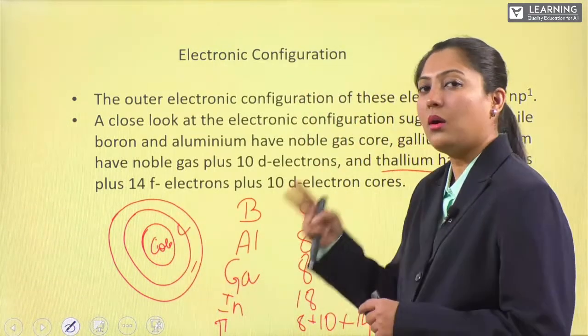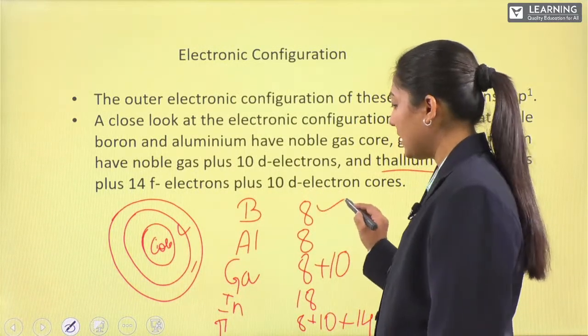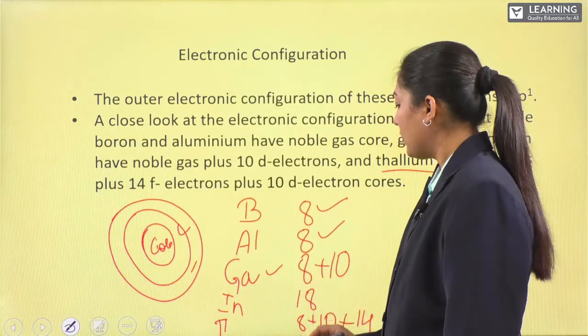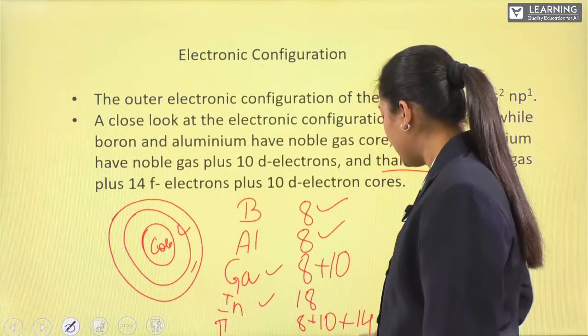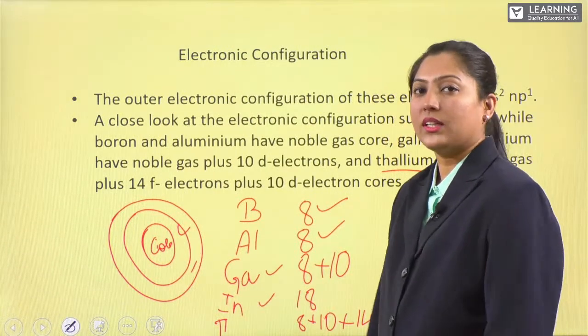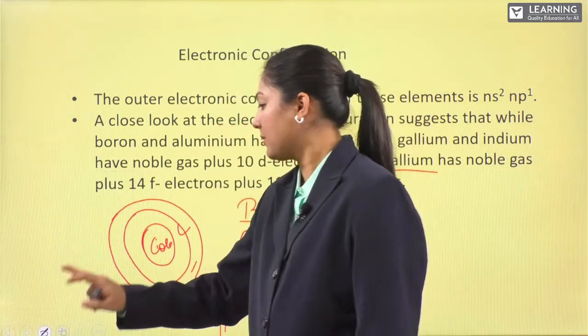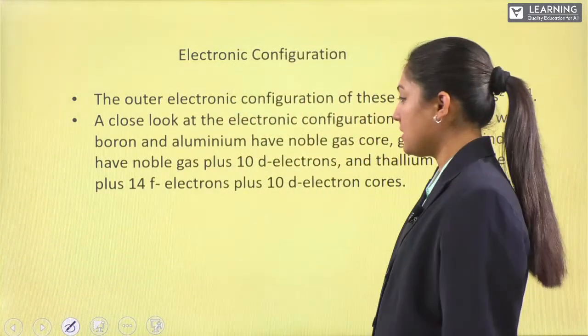In the second outermost orbit we will have 8 electrons in boron and aluminium, 18 electrons for gallium and indium, and for thallium a total of 22 electrons. That is the meaning of this point. Hope you understand this, students.